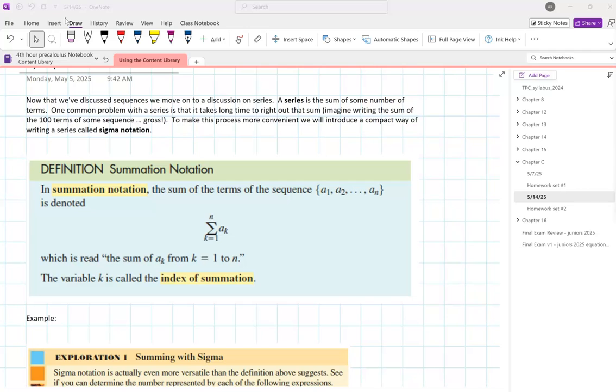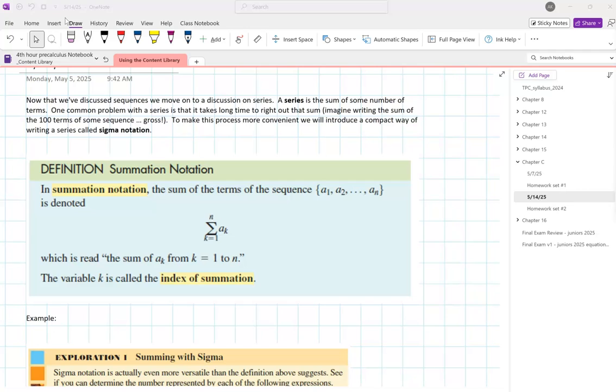That number of terms could be really big, like hundreds or thousands or infinitely many. And that's a real bummer to write down on a sheet of paper if you're trying to add up 1 plus 2 plus 3 plus 4 all the way out for 10,000 terms. I don't want to do that.